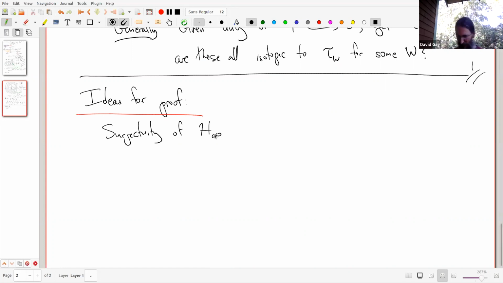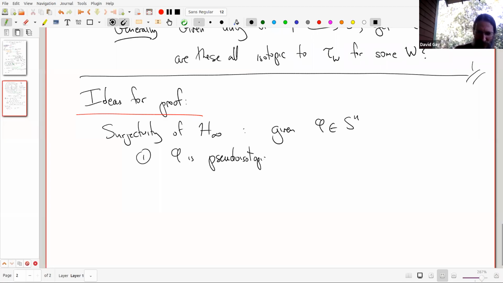of H infinity. You're given some diffeomorphism phi of the 4 sphere. Step 1 is this cool fact that phi is pseudo-isotopic to the identity. So that's already a huge machine.